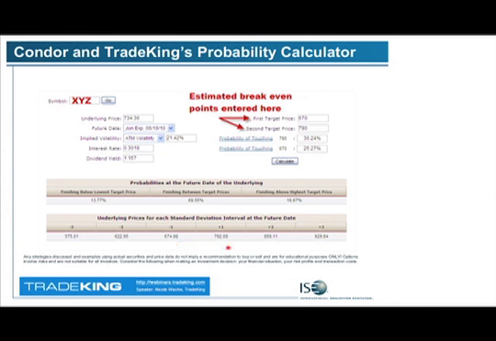Okay? 68% chance that the underlying, which is currently at 735, will remain between 674 and 792 between now and June expiration. All right?